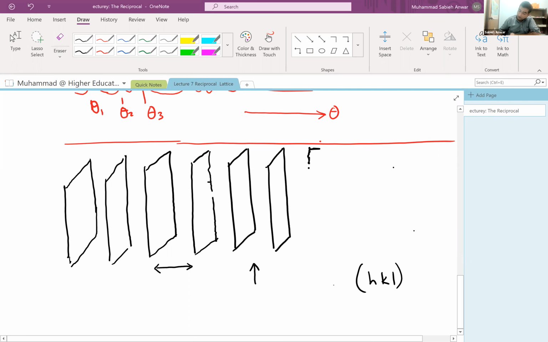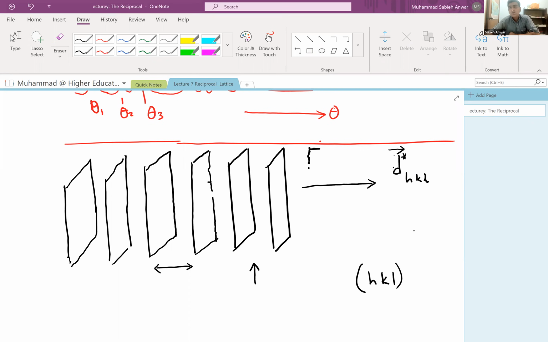Of course, I can define a normal vector, which let's call d*_{HKL}, and let's put an asterisk on top of this vector just for the time being and put a vector sign. We know the orientation of this vector because we know the orientation of the planes. But what is the length of this vector?